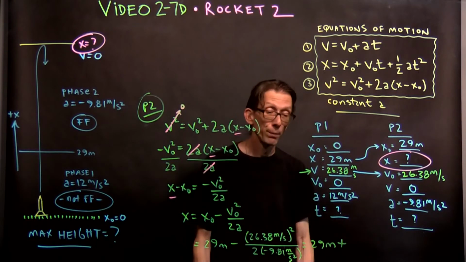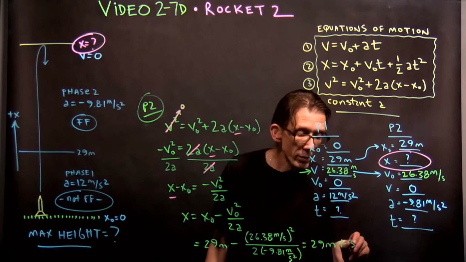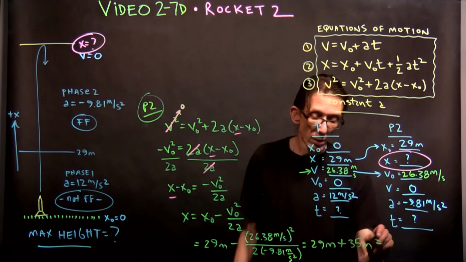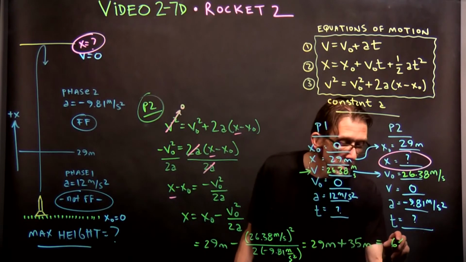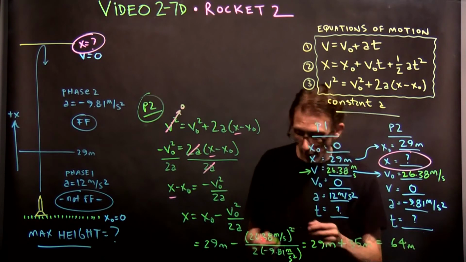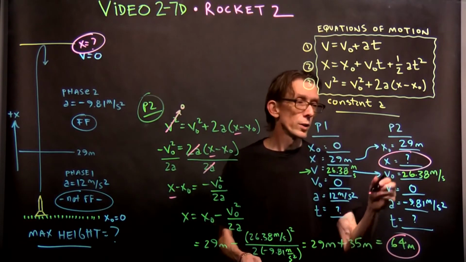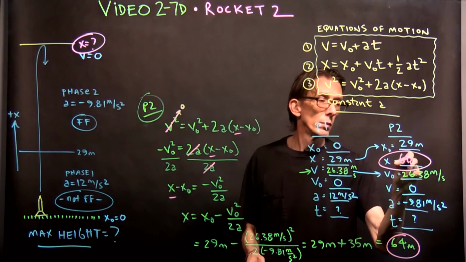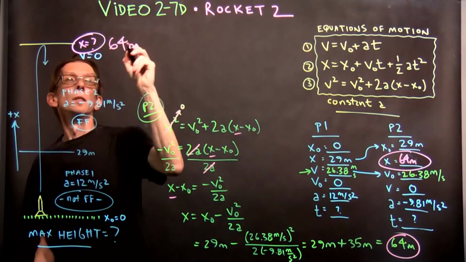That's what's happening here. 29 meters plus about 35 meters gives us a grand total of 64 meters. And that is the answer. X is 64 meters.